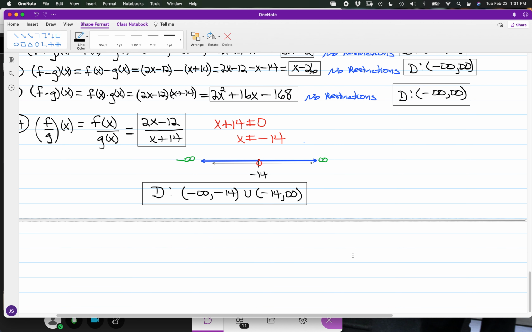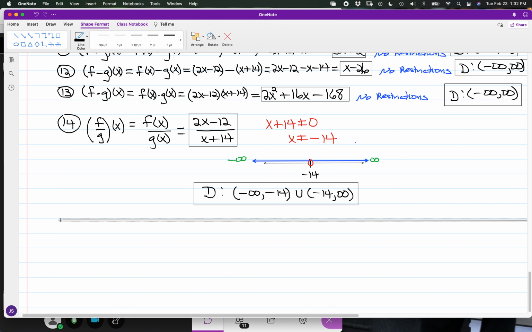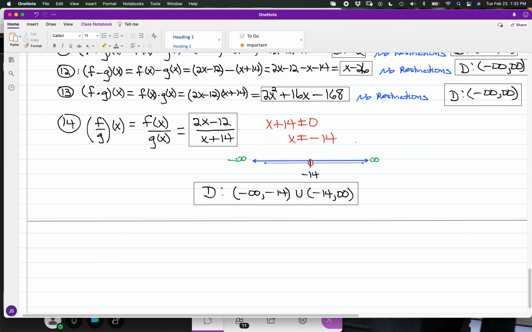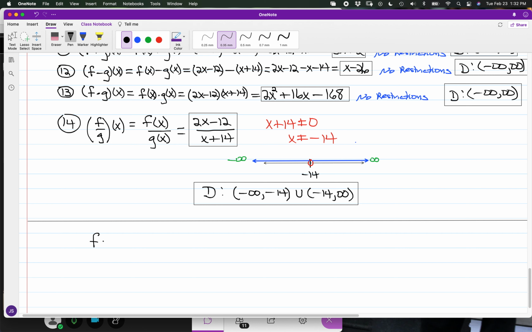Because where the domain is concerned, you're looking at the composition sort of dancing to the beat of another drum. And for, again, so we still have working with f of x. So we still have it 2x minus 12. And g of x. Okay, so we still have it x plus 14.